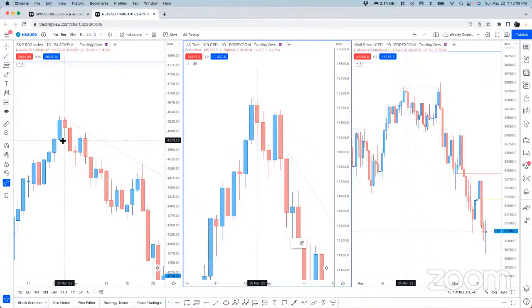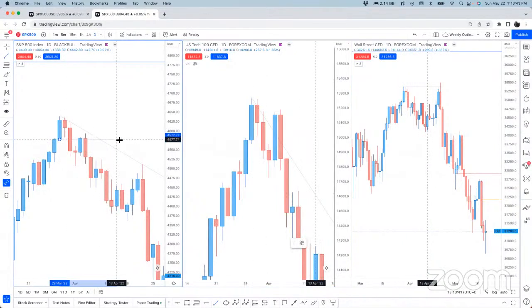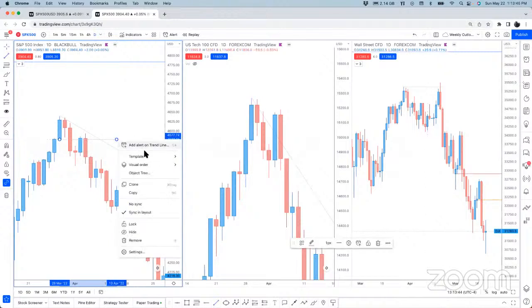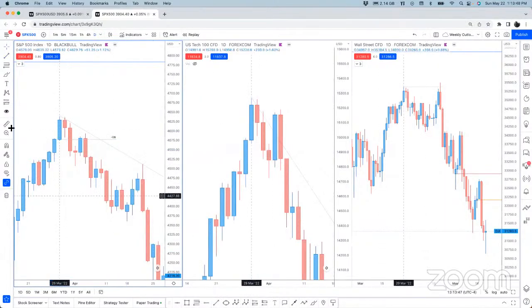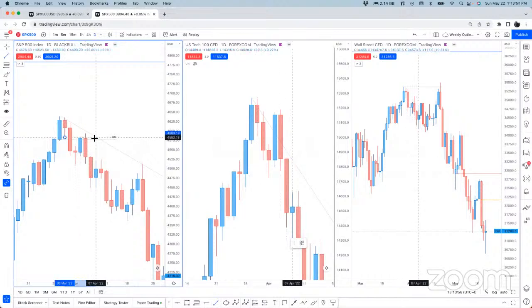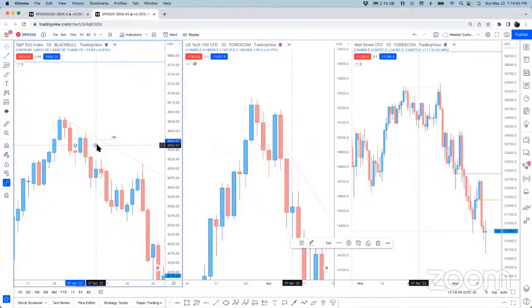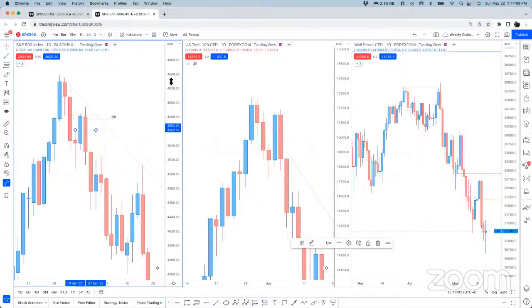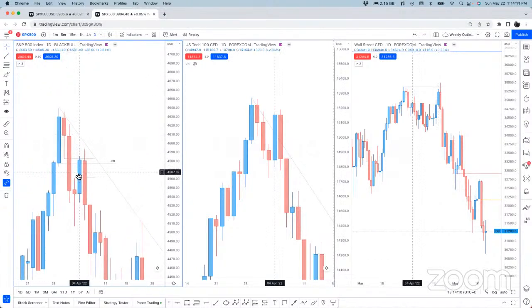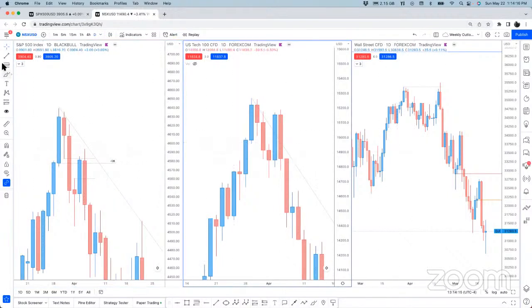This combination: there's an order block right here, and then here is the fair value gap, this area right here. Let me make this a little bigger. Same thing over here, this is your order block.